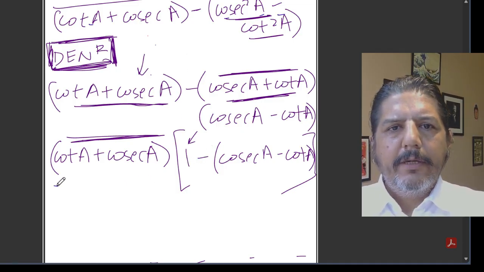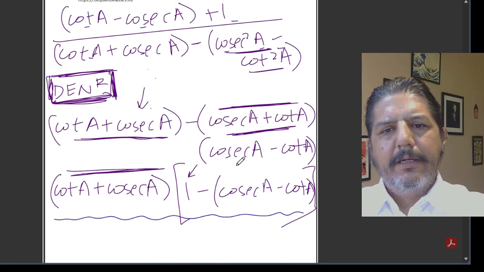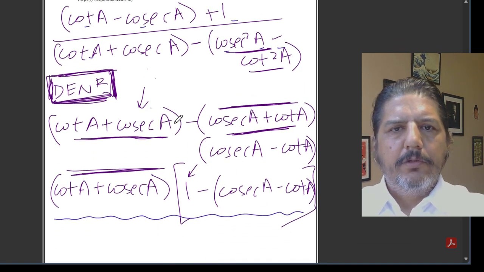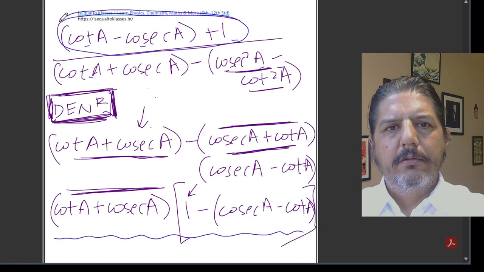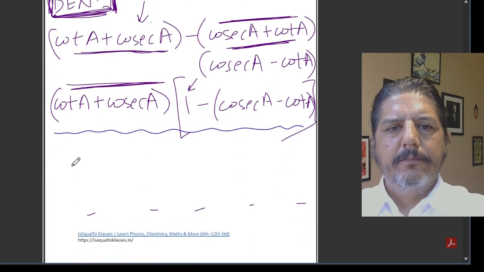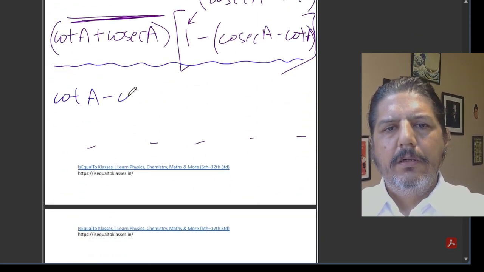So this is what my denominator has reduced to, and if I compare this with my numerator, you'll see what will happen. Now let me bring my numerator back. My numerator is cot⁴ minus cosec² plus 1.